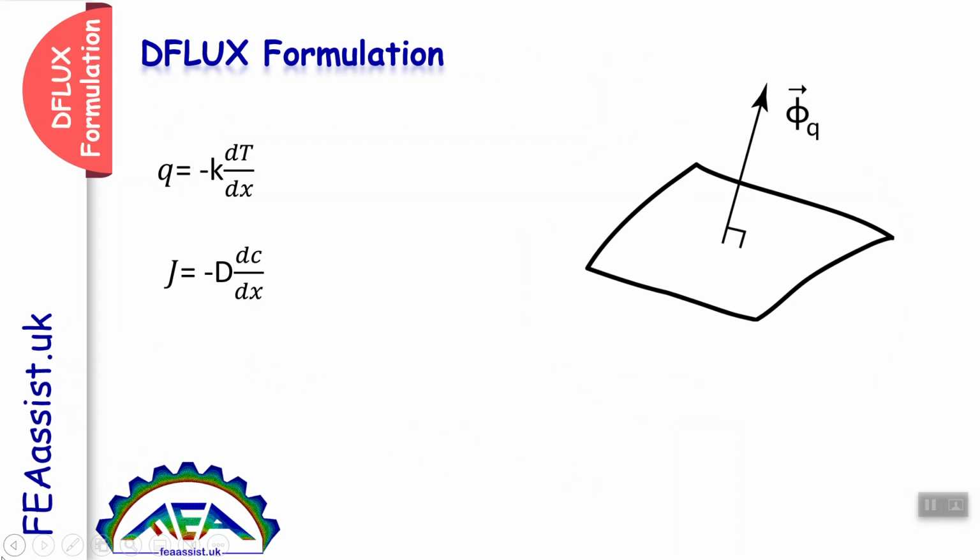For mass diffusion problems, it is a function of concentration with respect to x. And in mass diffusion problems, flux is the amount of objects, atoms, molecules, the amount of moving objects transferring through a unit of area in unit of time.